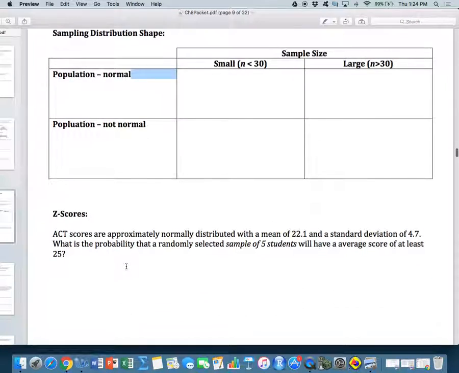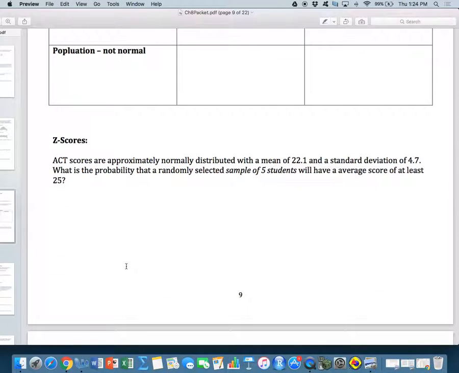Okay, the way you're going to see this is like this last question here. ACT scores are normally distributed with a mean of 22.1 and a standard deviation of 4.7. So that's talking about the population. What is the probability that a randomly selected sample of 5 students will have an average score of at least 25? So this looks similar to what you did before in chapter 7.